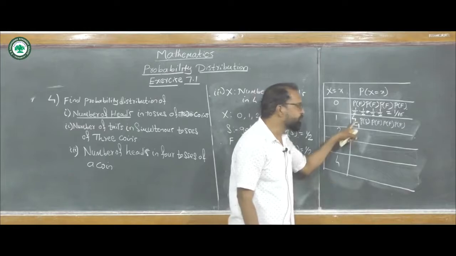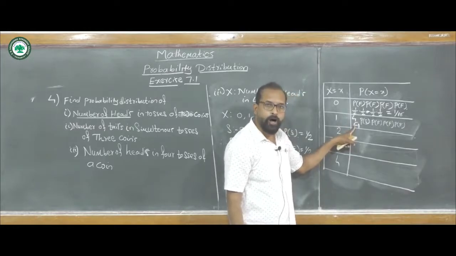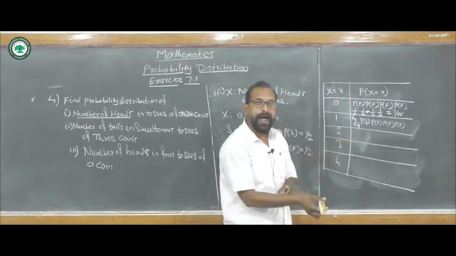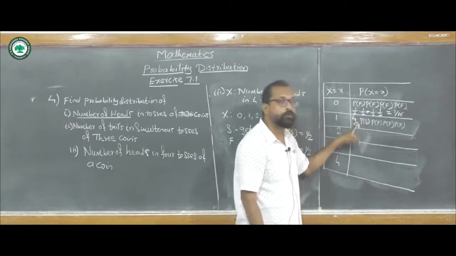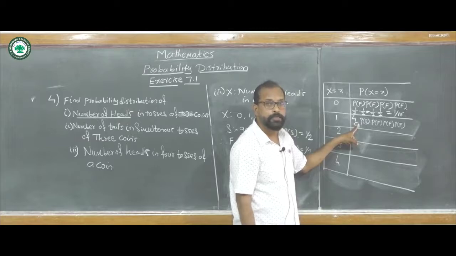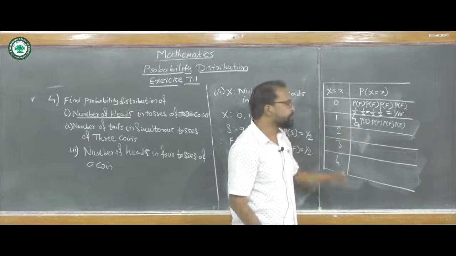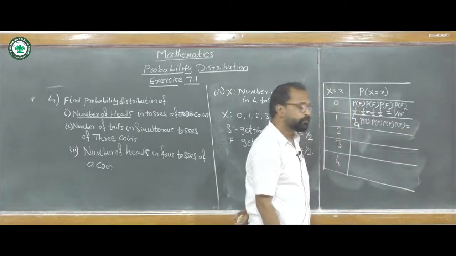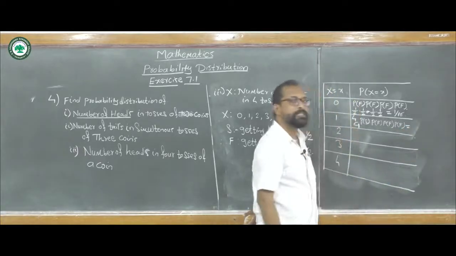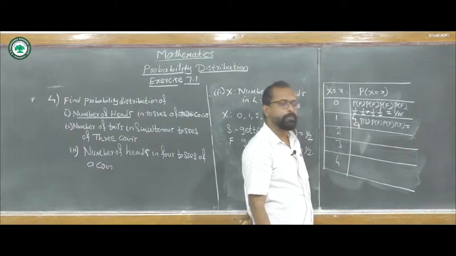This 4C1 is for getting head at any one of the 4 trials, and we know the combinations, selection of one place. So this probability becomes, we know that 4C1 means 4.